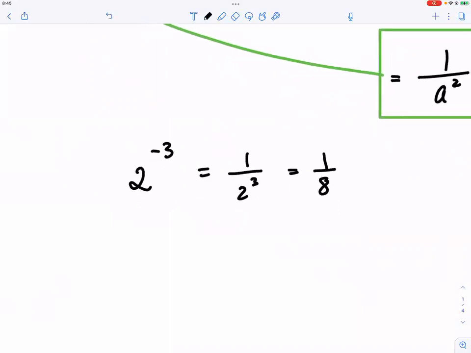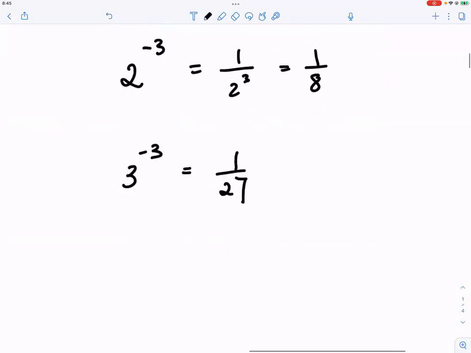If I ask you, what is 3 to the negative 3 power? What is it going to be? 1 over 27. Okay. What about x squared times y to the negative 3?